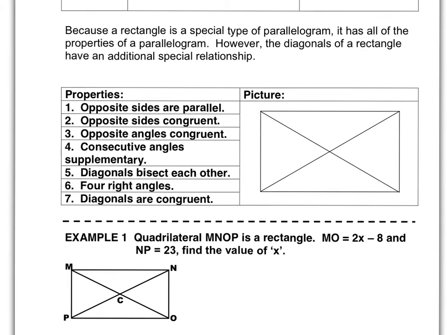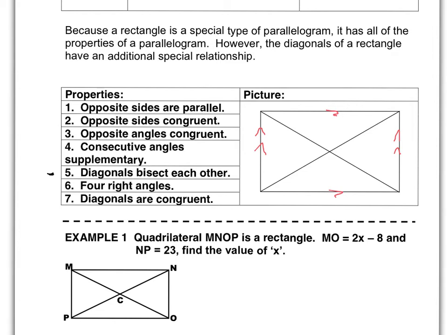All right, so in review, these first five properties up to this point right here are true for any parallelogram. Opposite sides are parallel, so that means that side and this side, and this side, they're all parallel. The two opposite sides are parallel.